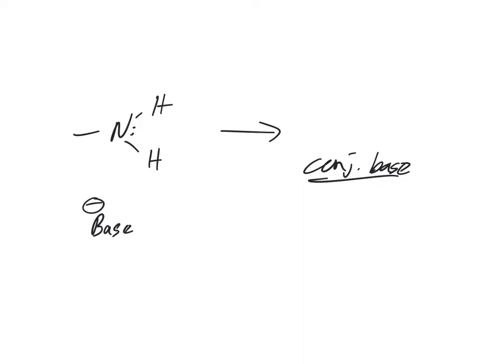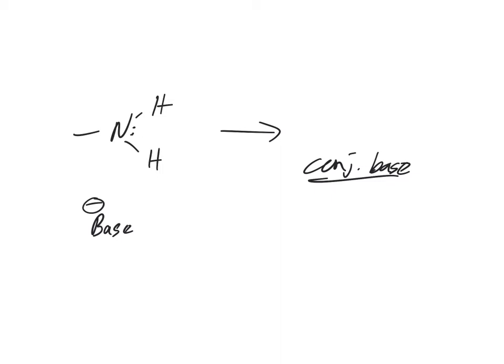Lewis acid just says an atom's electron deficient. One type of Lewis acid is a Bronsted acid. Bronsted acids only have to do with hydrogen. So all Bronsted acids are Lewis acids. Are all Lewis acids Bronsted acids? No.